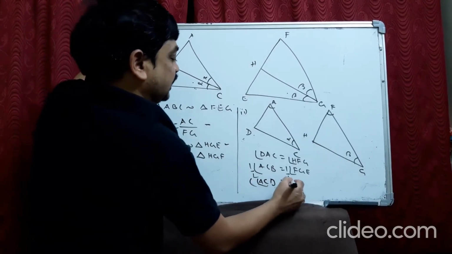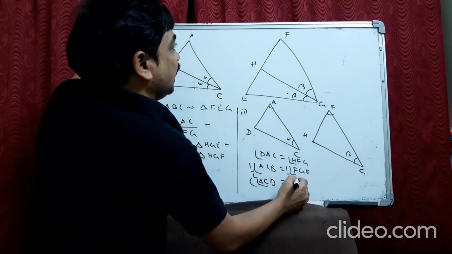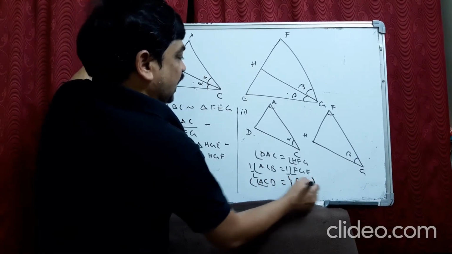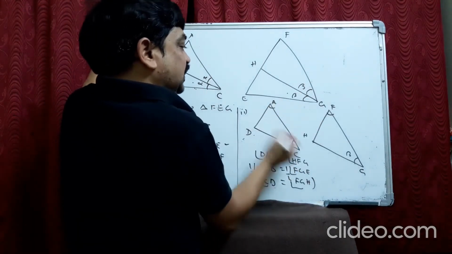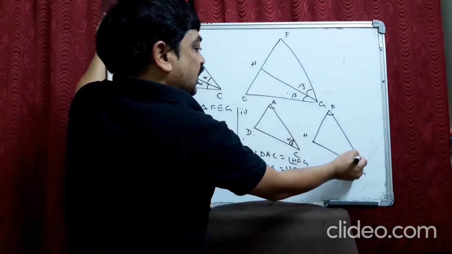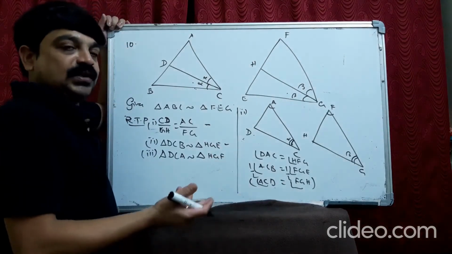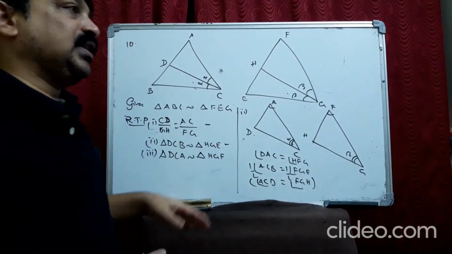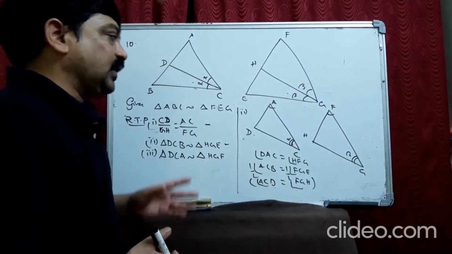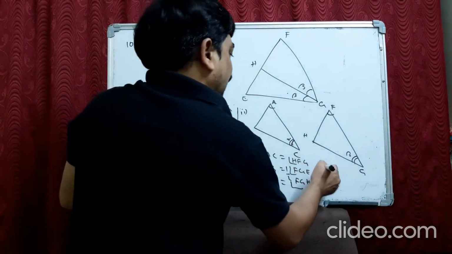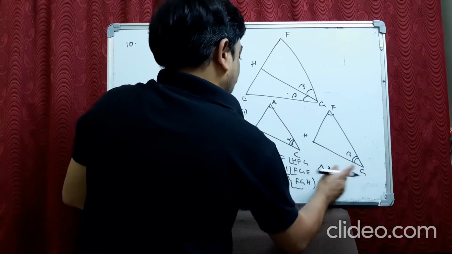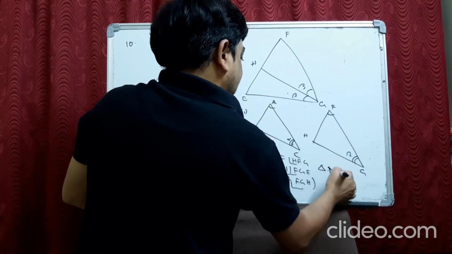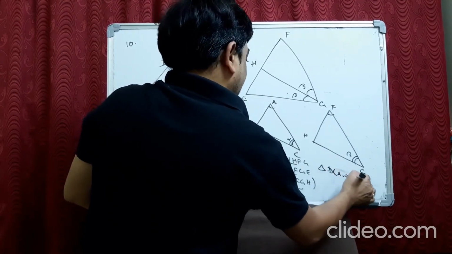Angle ACD is equal to angle FGH. So two angles are equal. That means these two angles are equal. When two angles are equal, according to the angle sum property, the third angle is also equal. Therefore, the triangles are similar. Therefore, triangle ADC is similar to, or DCA is similar to triangle HGF.